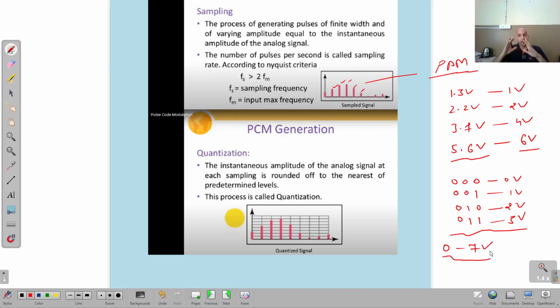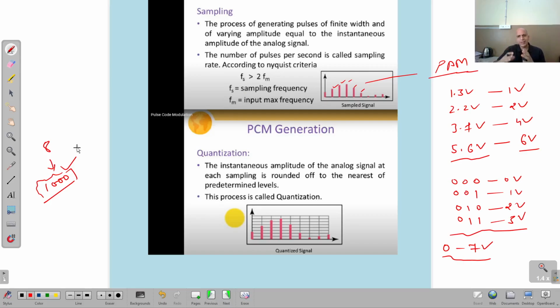Because we can use 3 bits only up to 0 to 7. When we go to 8, we require 4 bits for the representation. We know that 8 is represented on the binary scale as 1 0 0 0, right? So it means we have to have 4 bits for the representation.